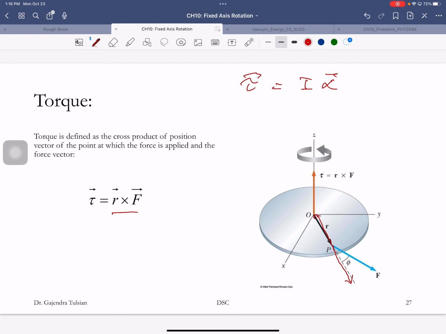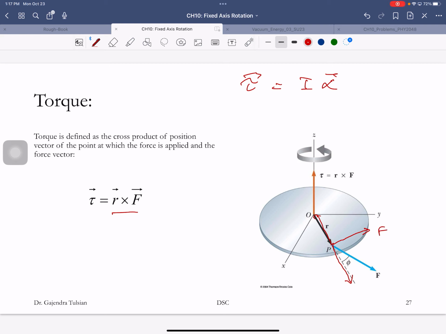Here, R cross F is maximum. You all know this intuitively because you've used a wrench. For a given force, in what direction will you get maximum torque? If you apply the force in this direction, when R and F are perpendicular to each other, that's when the torque will be maximum.